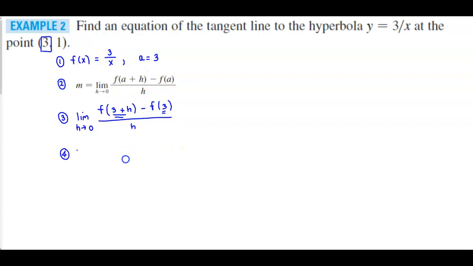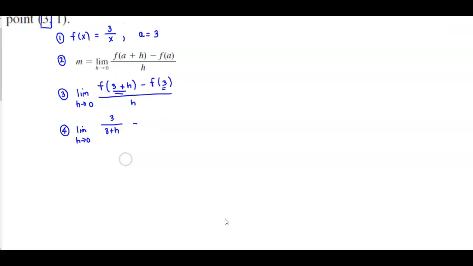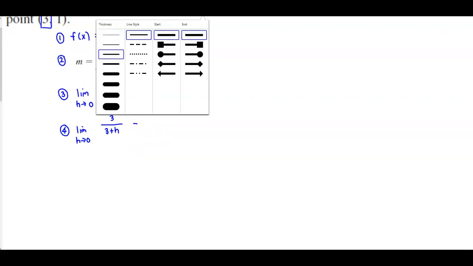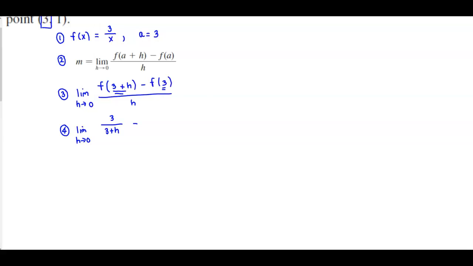So we're going to end up getting the following. We have the limit as h approaches 0 of 3 over 3 plus h minus 3 over 3. That 3 over 3 gives us 1, since 3 divided by 3 is 1.